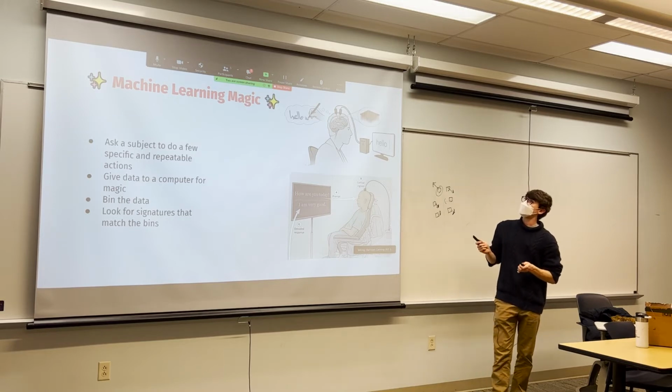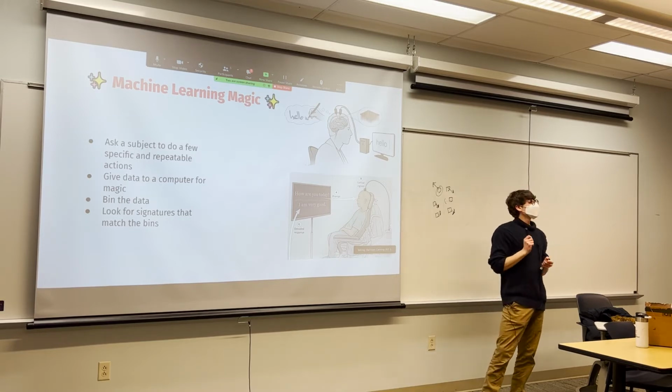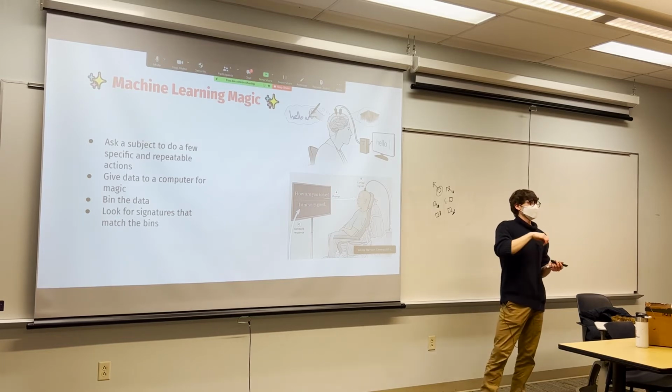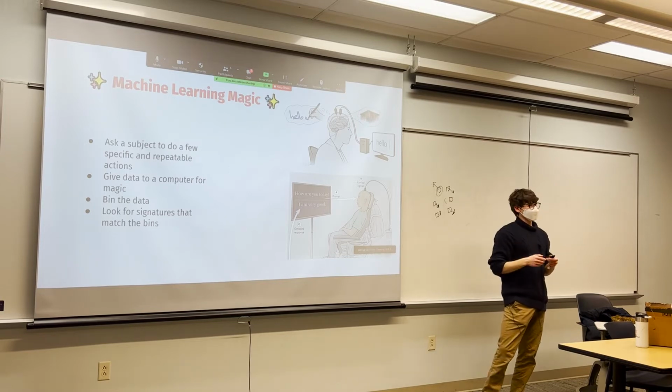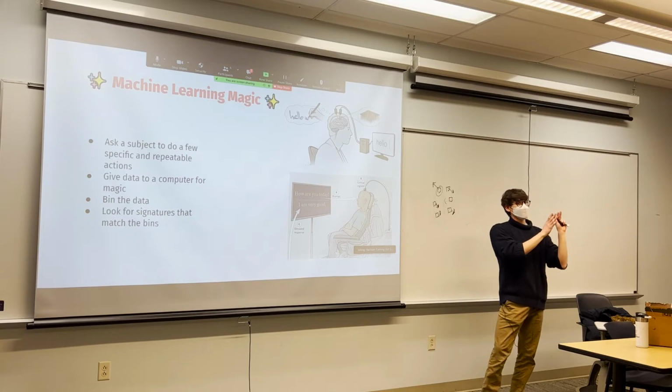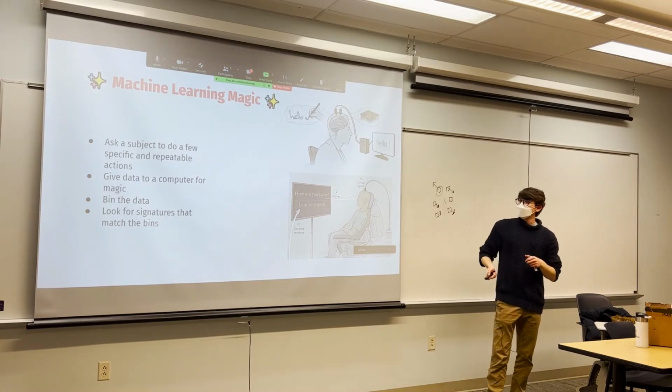They were able to achieve about 90 characters per minute, which is crazy. Basically they would say, write H, write H, write H over and over again, look for those signals using machine learning, and then look for that case where the brain activity matched what they had done from those training sets.